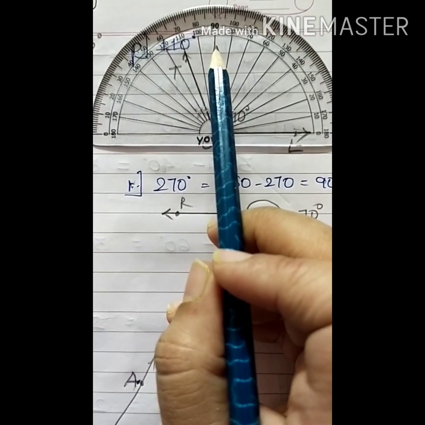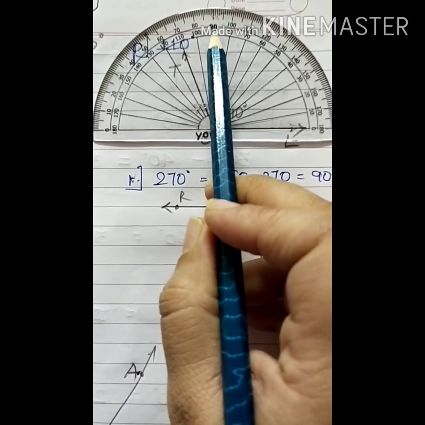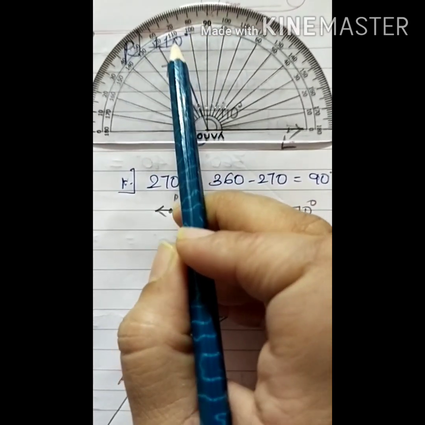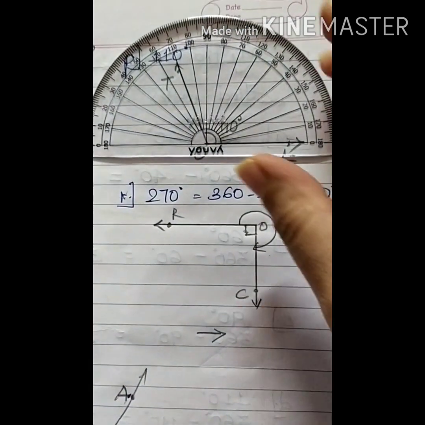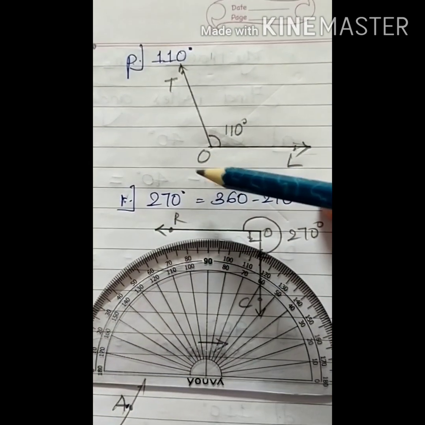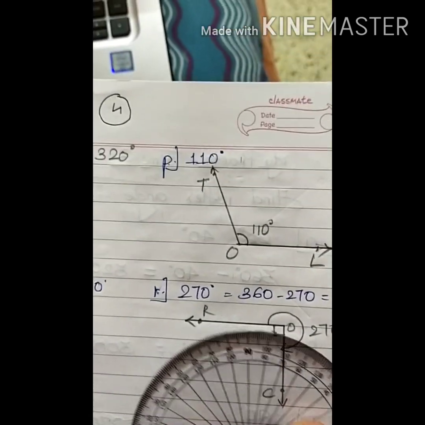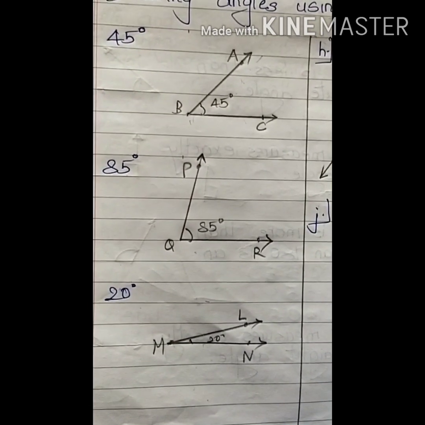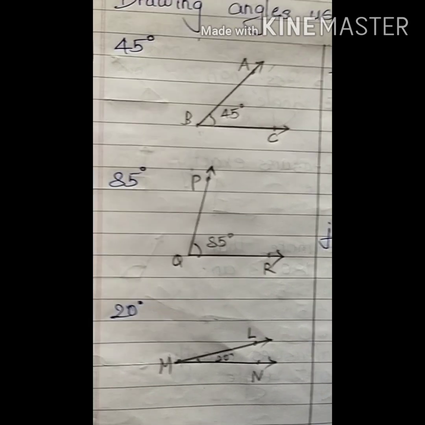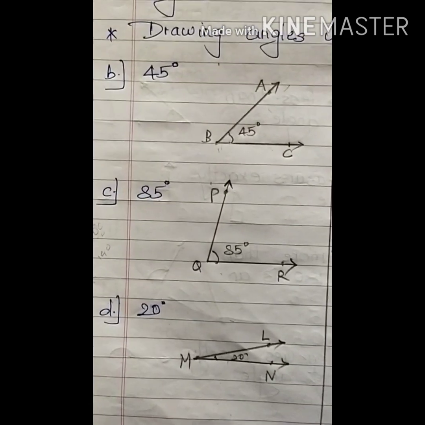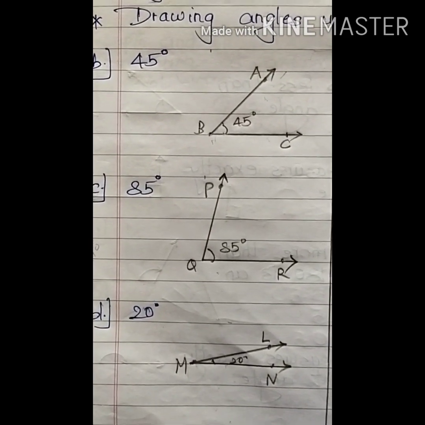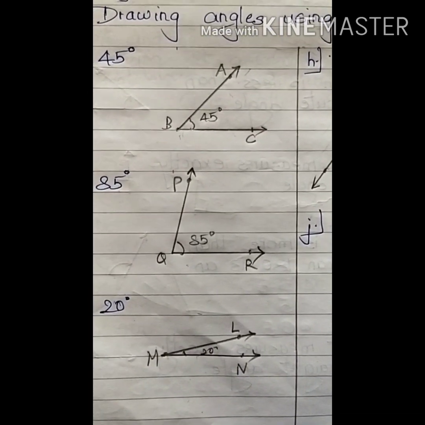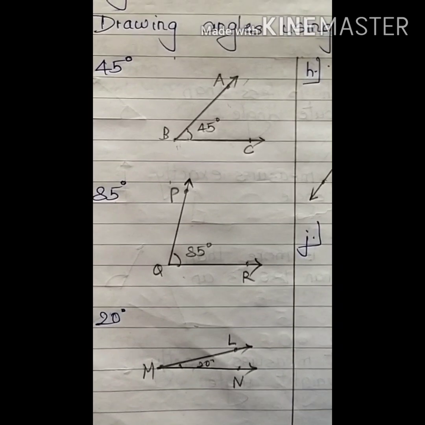So 90 degrees is here, so it has to be more. So here comes my 110 degrees, and I put a point and I join it. This is how we draw angles: acute angle, obtuse angle, right angle using a protractor. Kindly note, we will not be drawing a reflex angle, because we will only learn how to calculate a reflex angle.